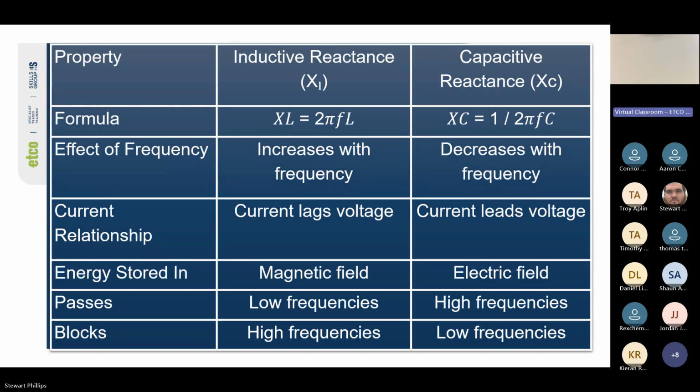At what point might the effect of XL and XC balance each other in a circuit? So at what point would the effects of XL and XC balance each other in a circuit?